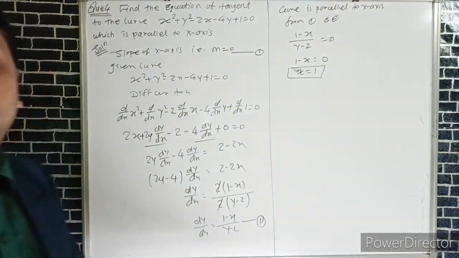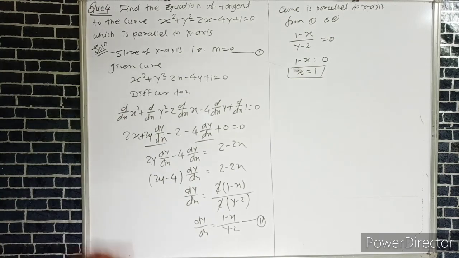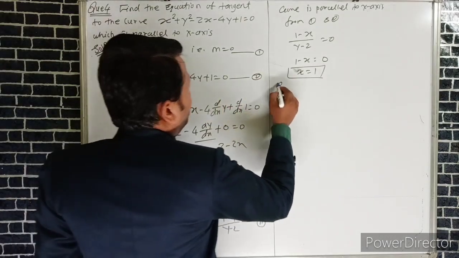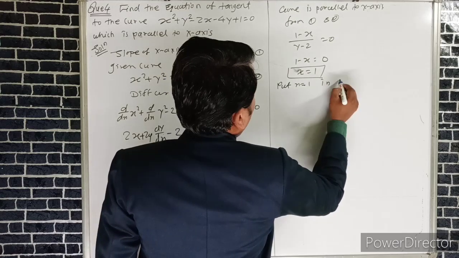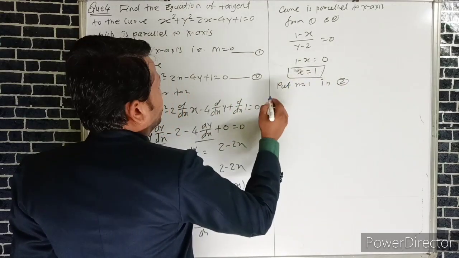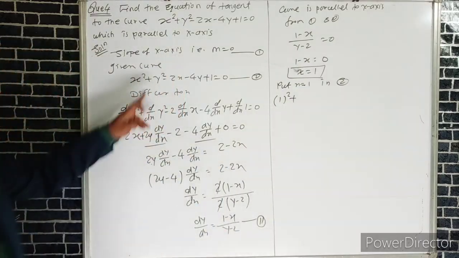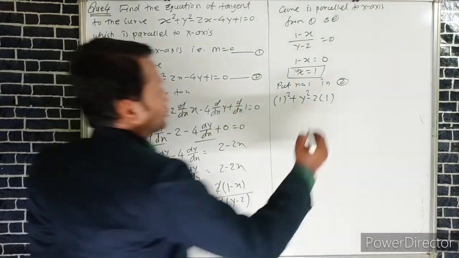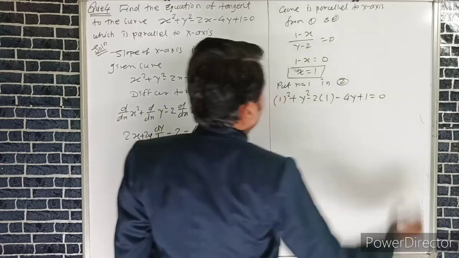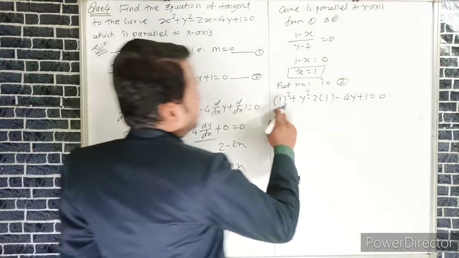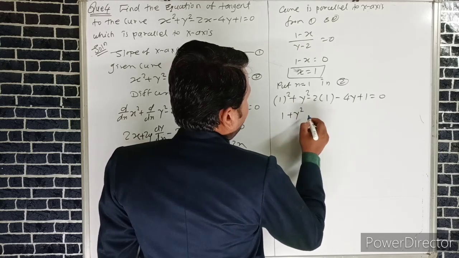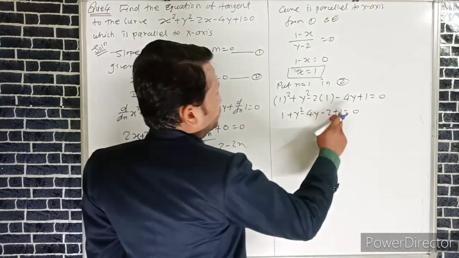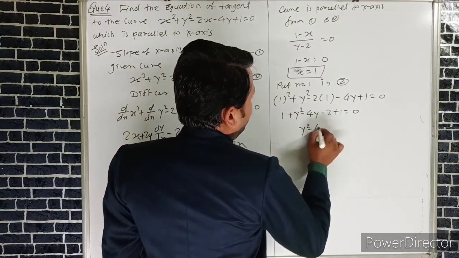Using this value of x, we can find the value of y. Substituting x = 1 in equation 2, we get 1² + y² − 2 into 1 − 4y + 1 is equal to 0. That is 1 + y² − 4y − 2 + 1 = 0. 1 plus 1 is 2, 2 minus 2 is 0, so y² − 4y is equal to 0.